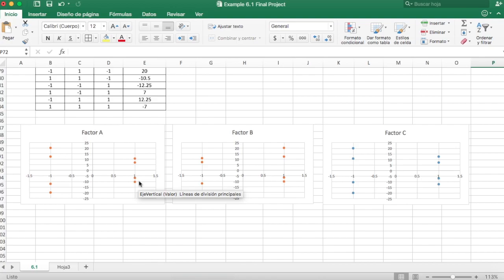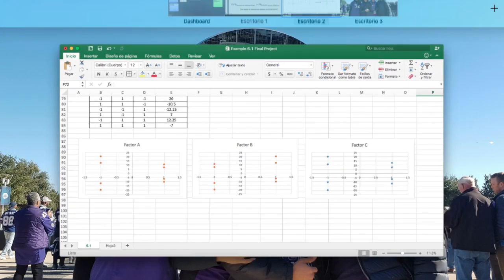So in conclusion, we need to maximize the etching of silicon nitride, so we need to use the highest value of factor A. For factor B it is the same, so we need to choose the cheapest option that we have. And for factor C, as we can see here, we have a larger dispersion on the lowest number and a lower dispersion on the highest value.